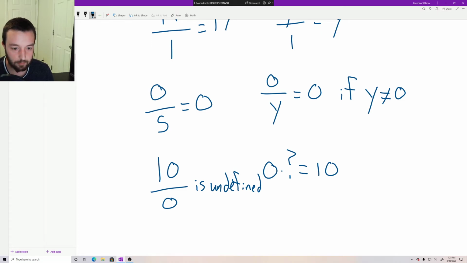Say we have $10 and we want to give $0 to everybody, how many people can we give $0 to?